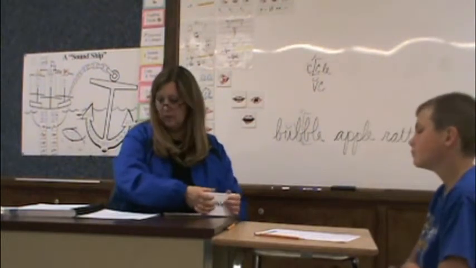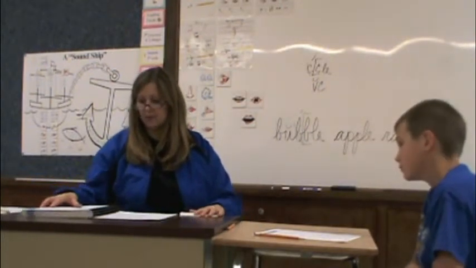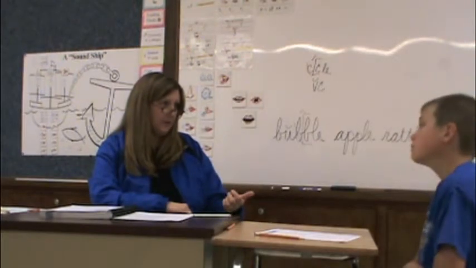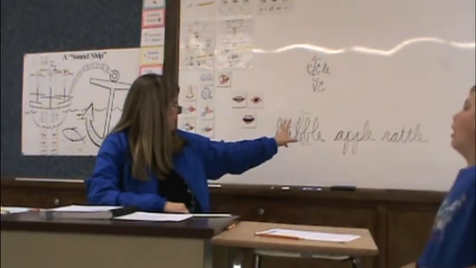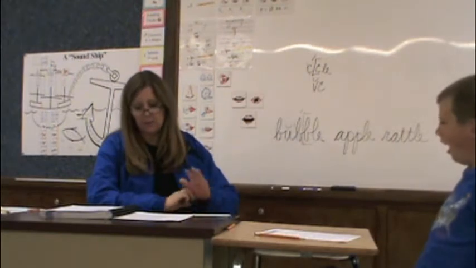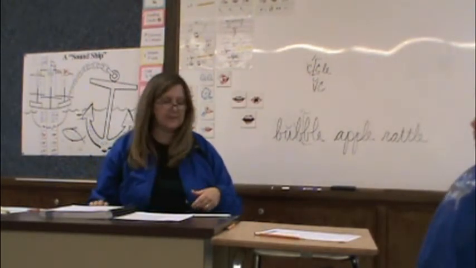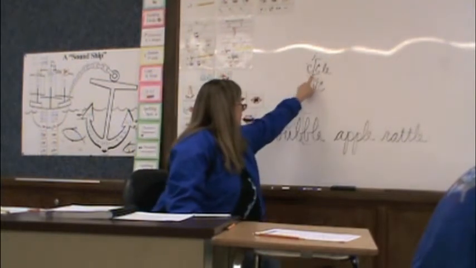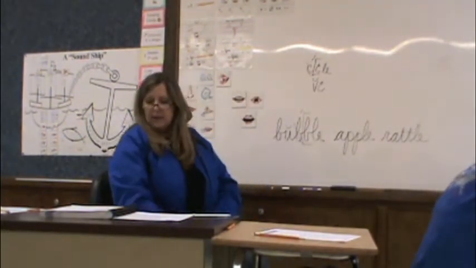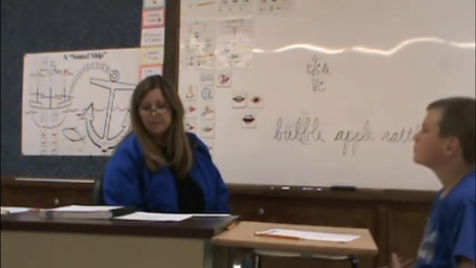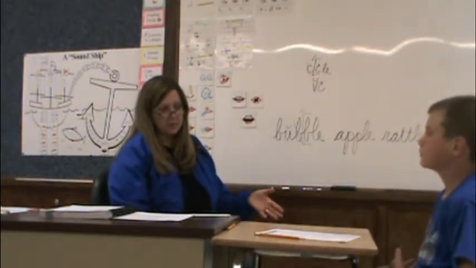Good job. All right, now we know that a final stable syllable is a consonant plus LE, right? Just like in here, we had a BLE, PLE, and TLE, just like we reviewed.